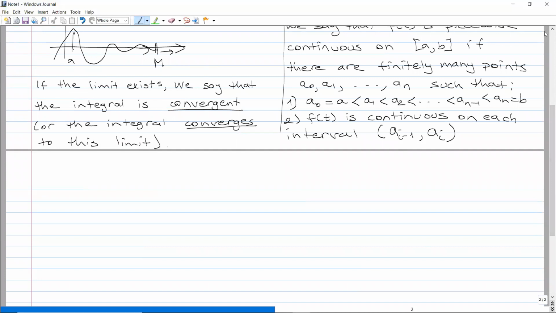The reason shouldn't be that the function becomes unbounded at those points. So our third condition to call the function piecewise continuous is that at each of these points, the limits as t approaches the endpoint from the left or from the right should be finite. So these limits exist for i between 0 and n.